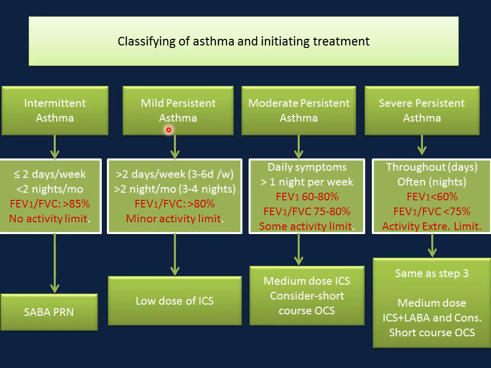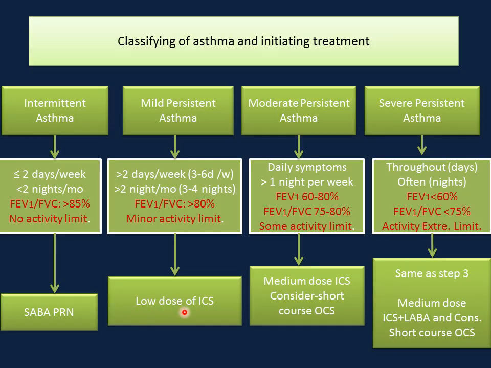Mild persistent asthma: the child will have symptoms more than 2 days per week and more than 2 nights per month. The pulmonary function test here shows FEV1 more than 80%, FEV1 to FVC ratio more than 80%, and minor activity limitation. The best treatment for this class is a low dose of inhaled corticosteroid. You need to teach the parent that this medicine is to be given every day on a daily basis, not as needed.